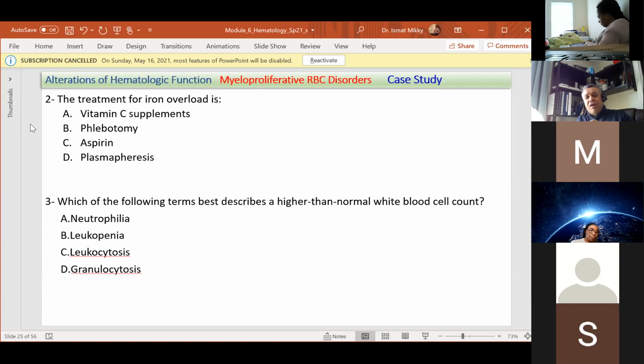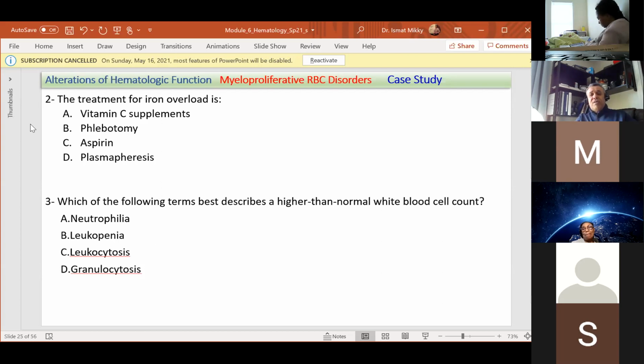So the treatment for iron overload, aside from that scenario described in patients with chronic conditions like thalassemia receiving blood transfusions: this patient developed iron overload because of the excessive ingestion of iron. So the treatment would be B, phlebotomy.